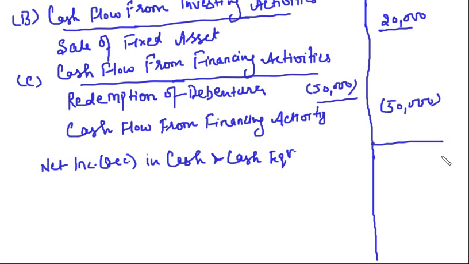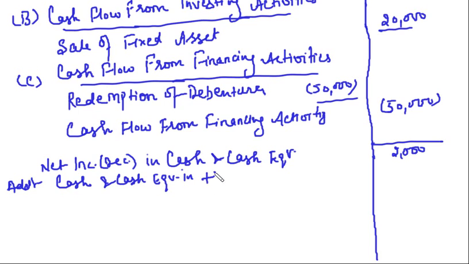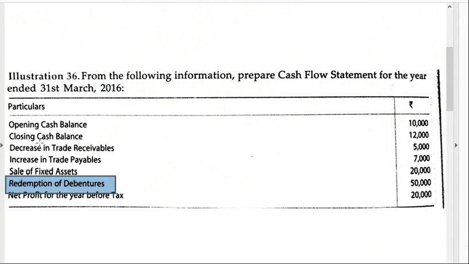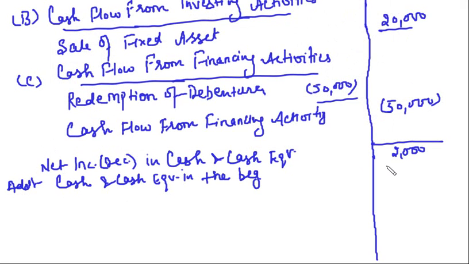This net amount comes to 2,000, and in this I told you we'll add back cash and cash equivalents in the beginning. What are the cash and cash equivalents in the beginning? We are given the opening cash balance of 10,000. So this 2,000 reflects the cash flow during the year, and in the beginning of the year we have a cash balance of 10,000.